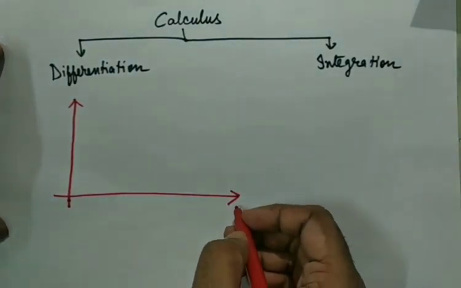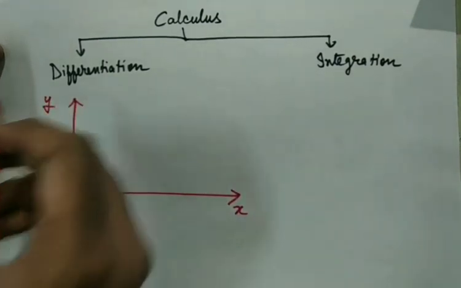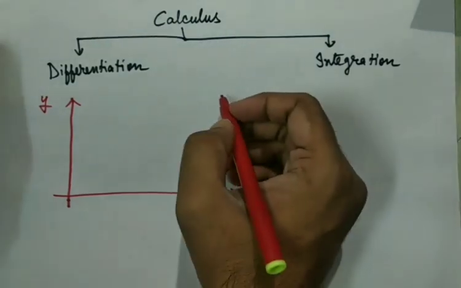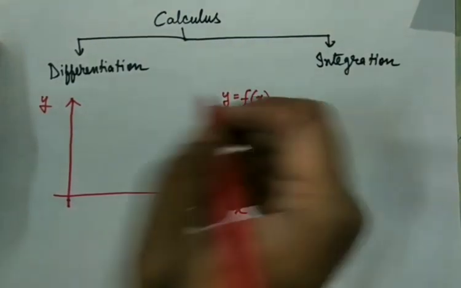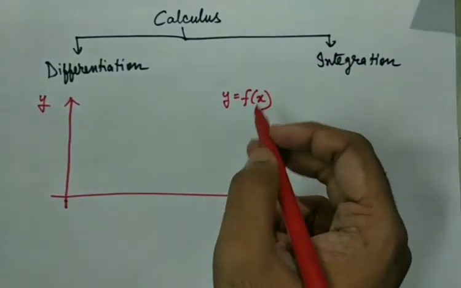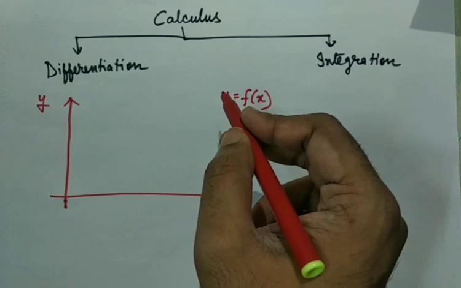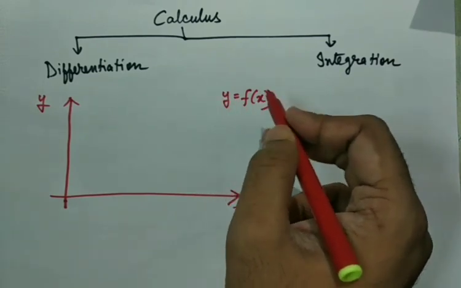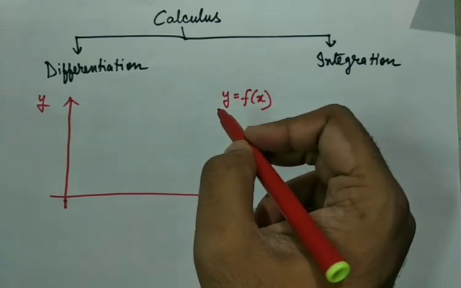Let's say this is the independent axis x and this is the dependent axis y. There is a function, that is y is equal to f of x. Here within the bracket we are writing the independent variable and the dependent variable is written outside. And f of x means as x varies there will be some variation in y.